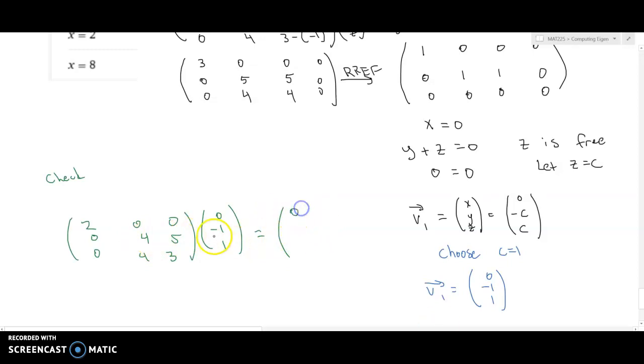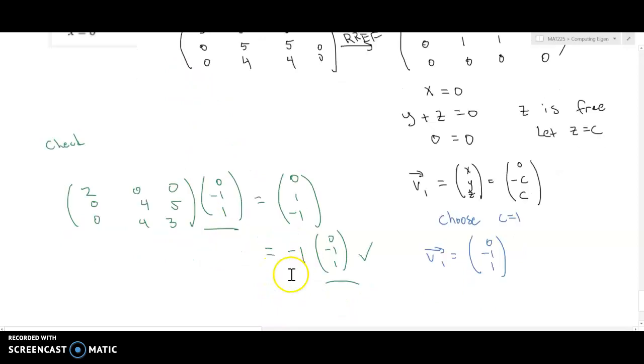This one will be 0. Negative 4 plus 5 is 1. Negative 4 plus 3 is negative 1. And you can see that what's come out is negative 1 times our 0, negative 1, 1 vector. And since the input and the output are just scaled factors of one another, we have been able to confirm that this in fact is an eigenvalue-eigenvector pair where my lambda is equal to negative 1.